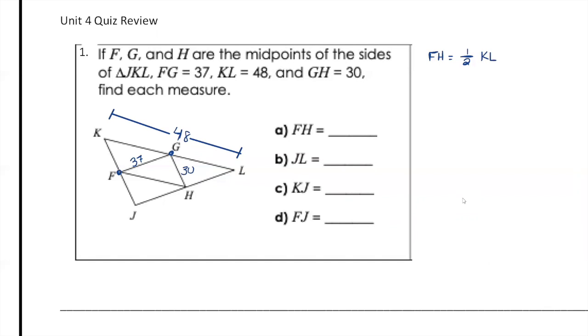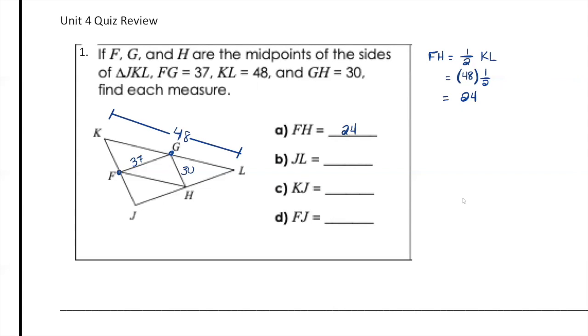It's parallel and it's half. So we're going to just go ahead and divide 48 in half. Fantastic. So 48 times 1/2, or you could say divided by 2, it's the same thing. So the length of FH is 24. How about JL?